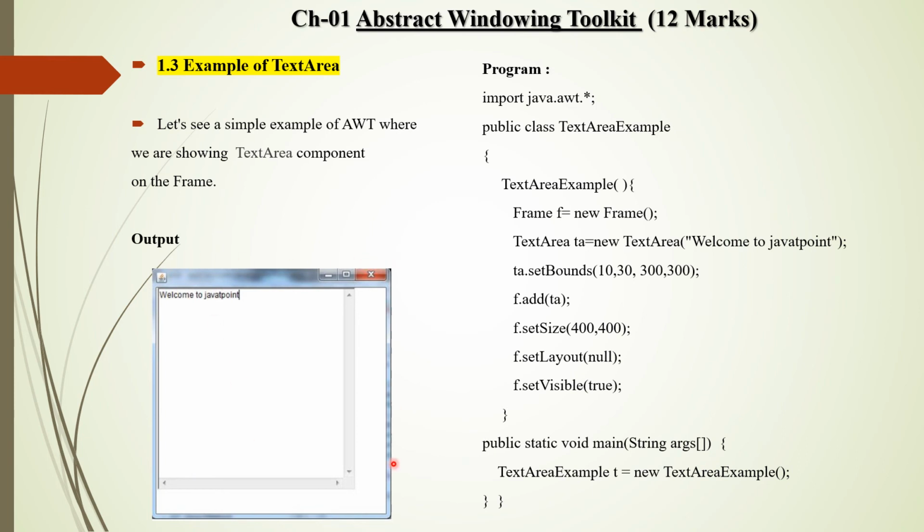One frame is created and one text area is created with the initial string "Welcome to Java point" that is passed in the constructor of the text area, and the scroll bar is automatically added. So this is one simple example of the text area component.